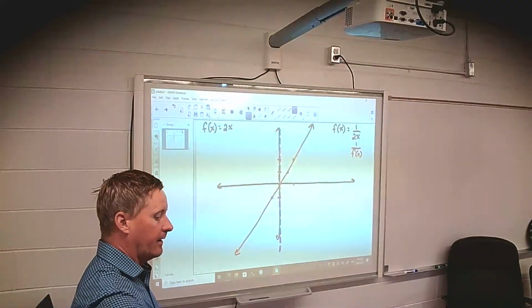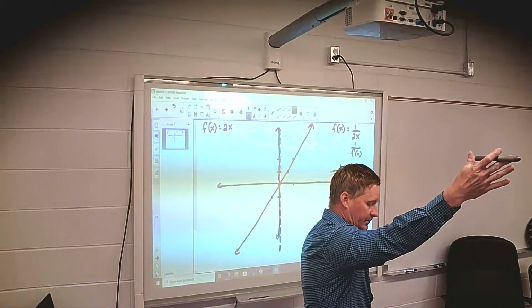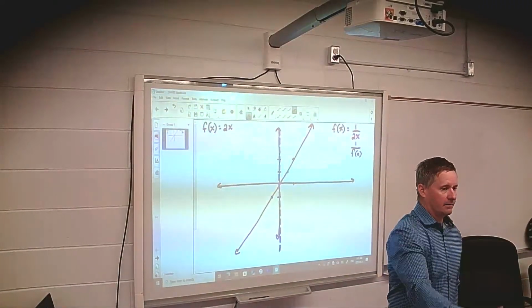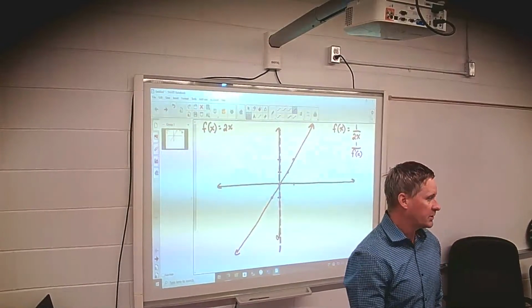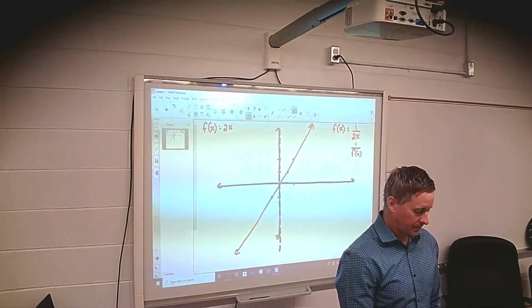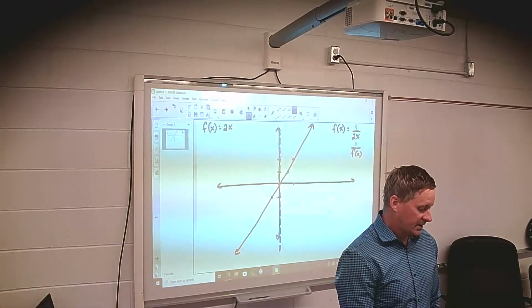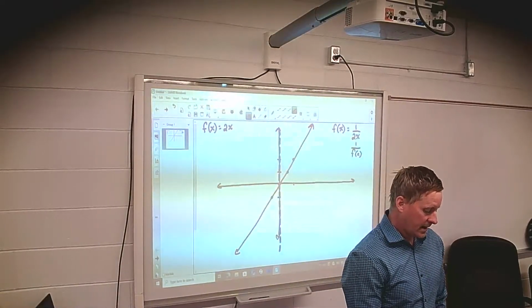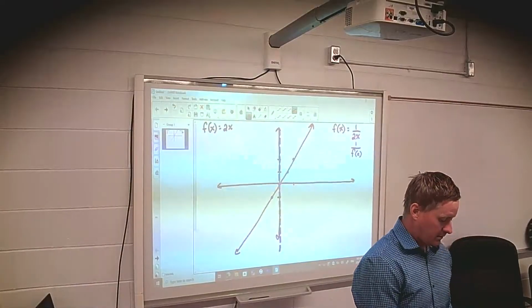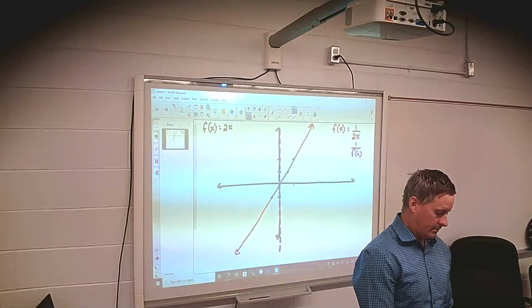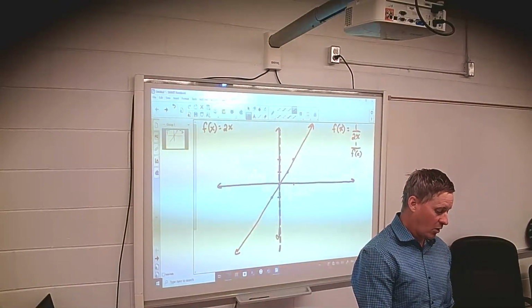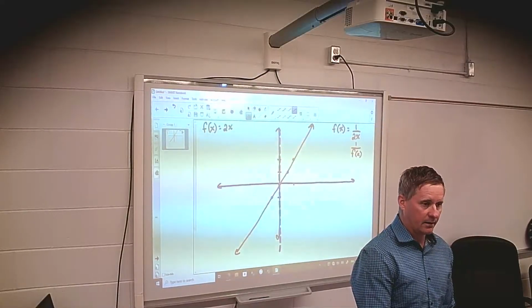Now, finish your table of values for the second side there, for the y equals 1 over 2x. Finish that right now, please. So you should have negative 1/6, negative 1/4, negative 1/2, and so on. Right?